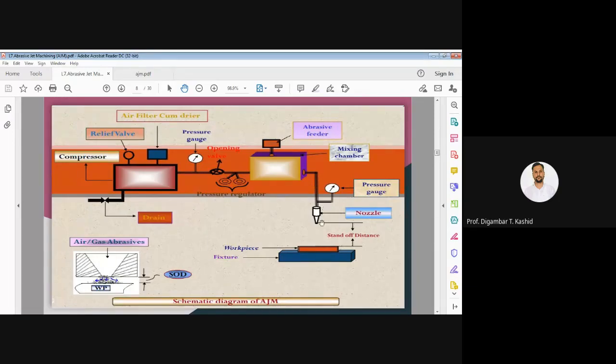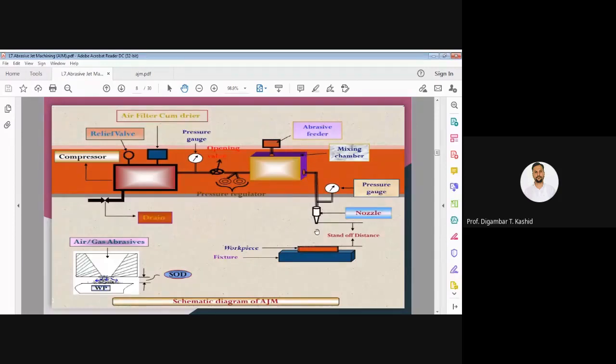And here is your nozzle. From this nozzle, as you have seen earlier also, the jet of air and abrasive particles is going to come out, and that air abrasive jet will hit the workpiece surface over here.